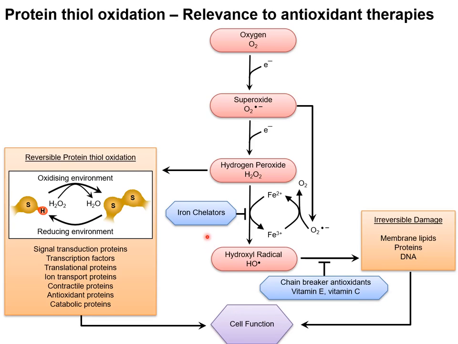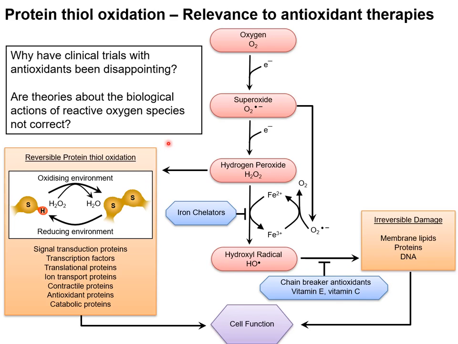Now, if you look in all of the clinical trials, what they've been using is chain breaker antioxidants such as vitamin E and vitamin C, or they've been using things like ion chelators. And certainly, those compounds would help protect cells if, in fact, hydroxyl radicals were involved in this pathway that's shown here. But perhaps that's not how it's working.